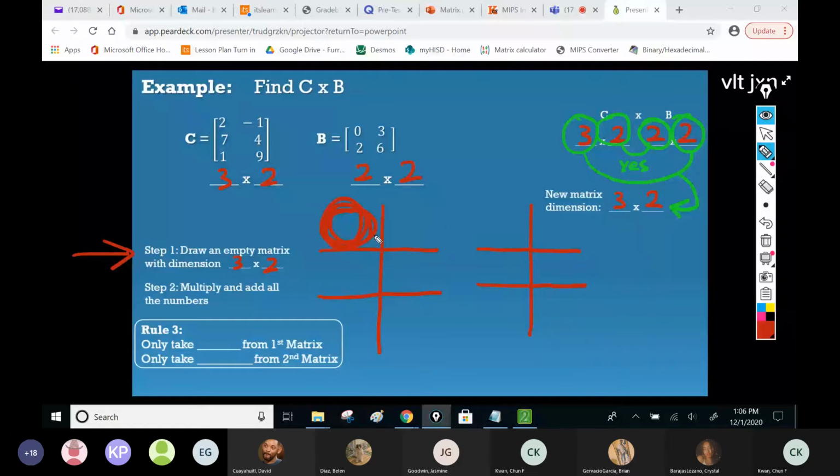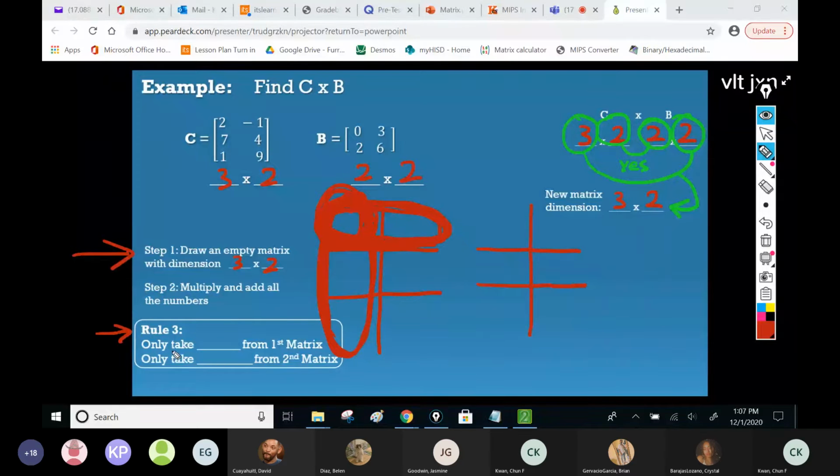This box on the upper left is the first row of the new matrix and the first column of the new matrix.